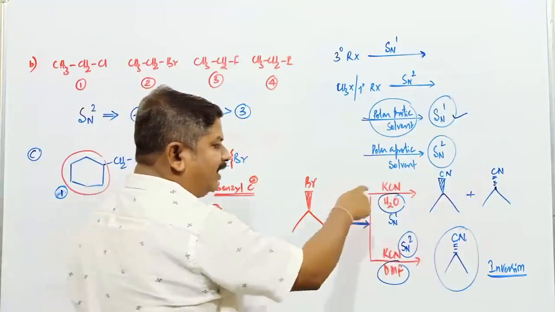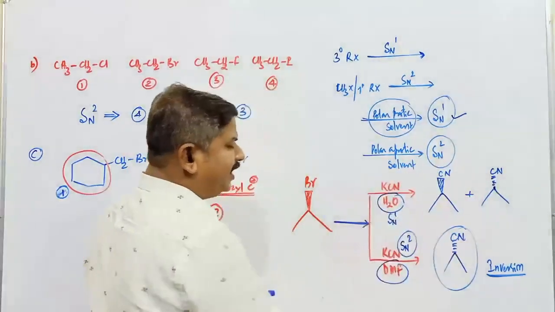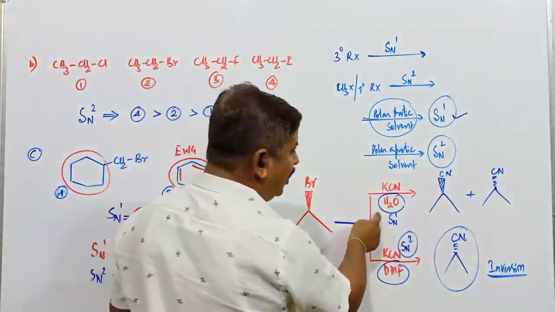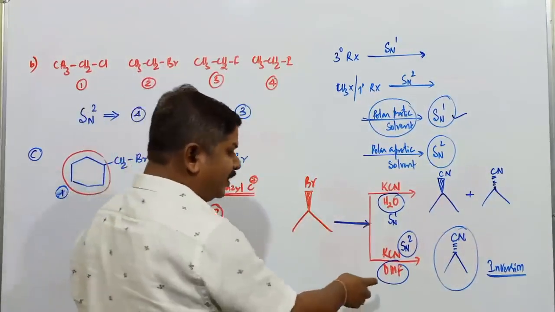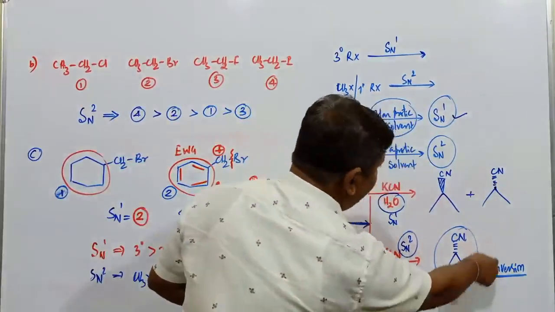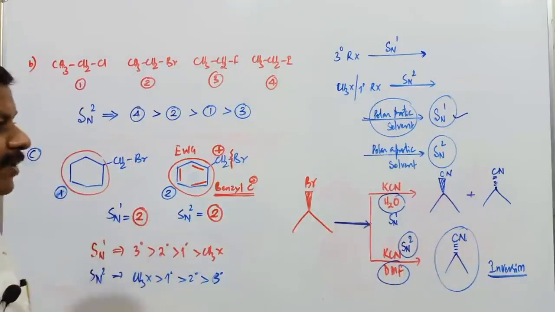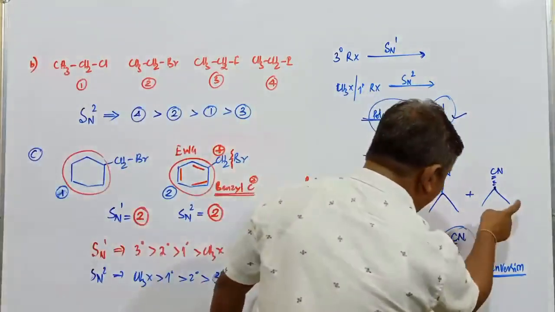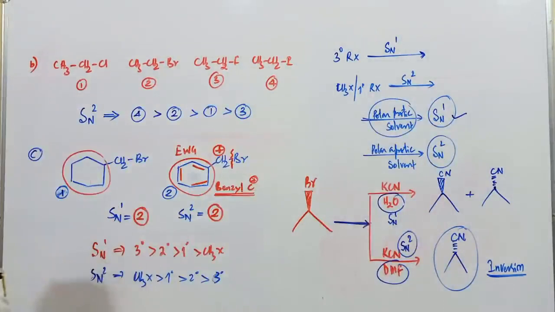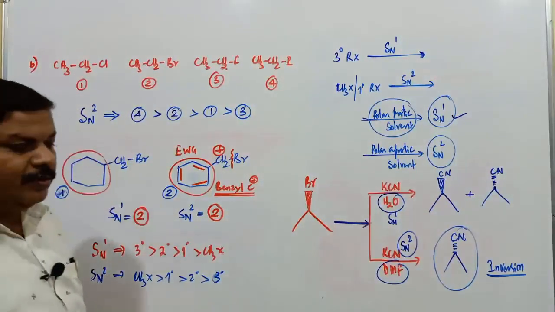For blocking the halide ion and for ionization of the alkyl halide, polar protic solvent is required, but SN2 takes place in presence of polar aprotic solvent. Here there is inversion of configuration, while there it is a racemic mixture consisting of both retention and inversion of configuration. Students, this is about the SN2 mechanism.